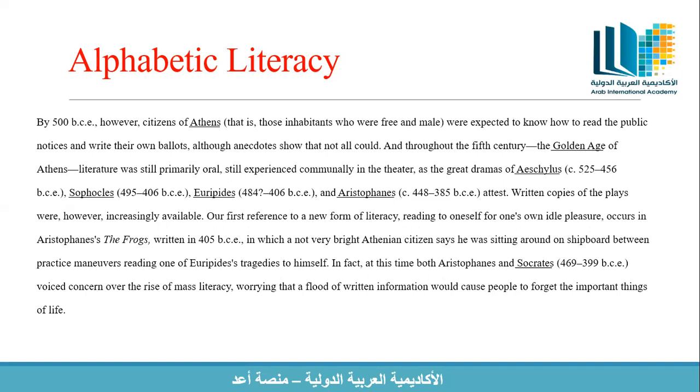Our first reference to a new form of literacy, reading to oneself for one's own adult pleasure, occurs in Aristophanes' The Frogs, written in 405 BC, in which a not very bright Athenian citizen says he was sitting around on shipboard between practice maneuvers, reading one of the tragedies to himself.